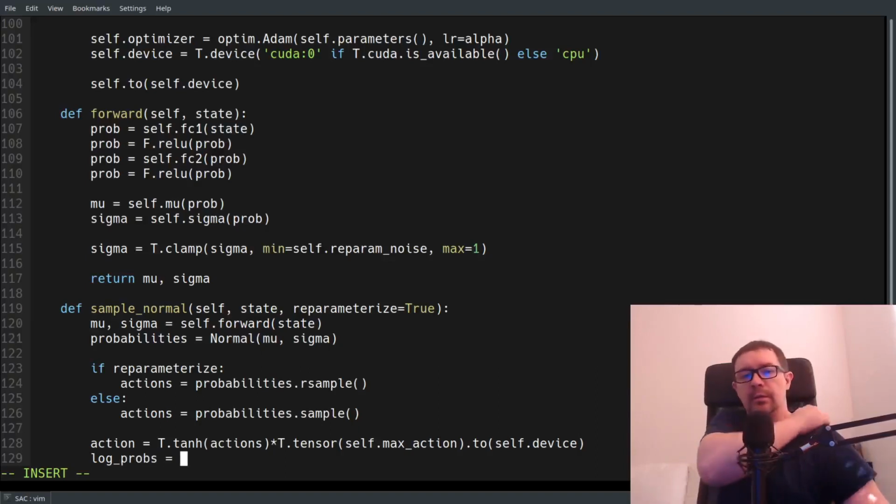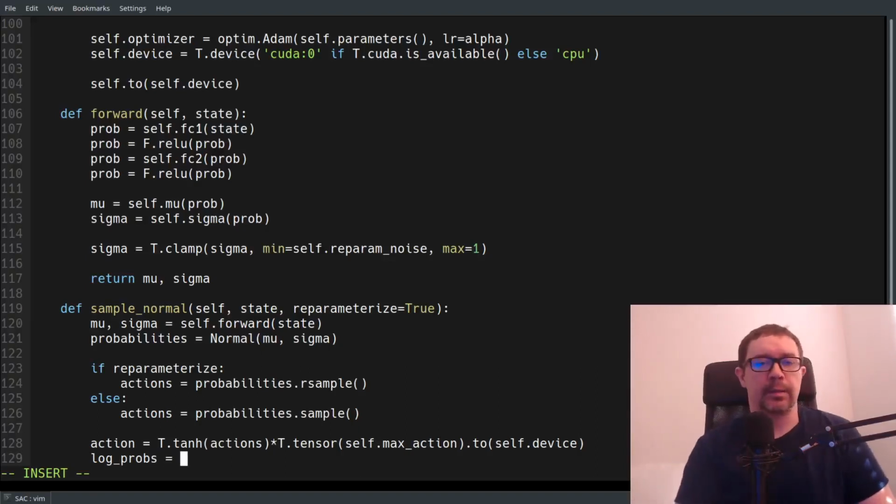Next, we want the log of the probability, and this is for the calculation of our loss function. It doesn't go into the calculation of what action to take, but rather the loss function for updating the weights of our deep neural network.